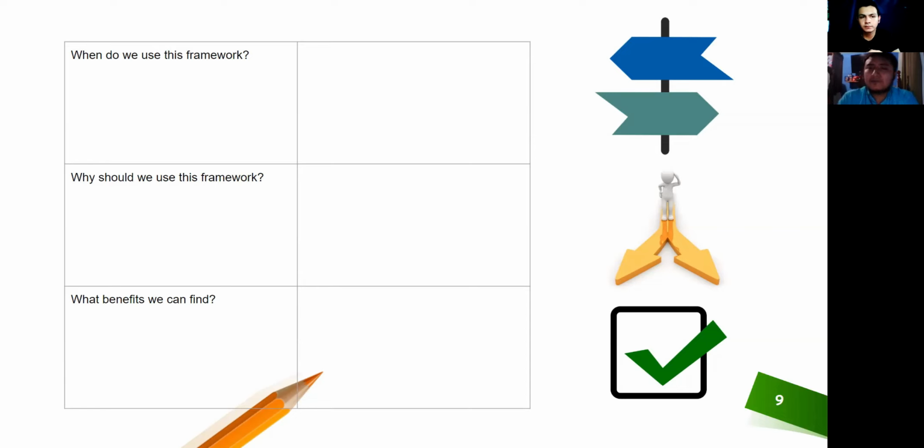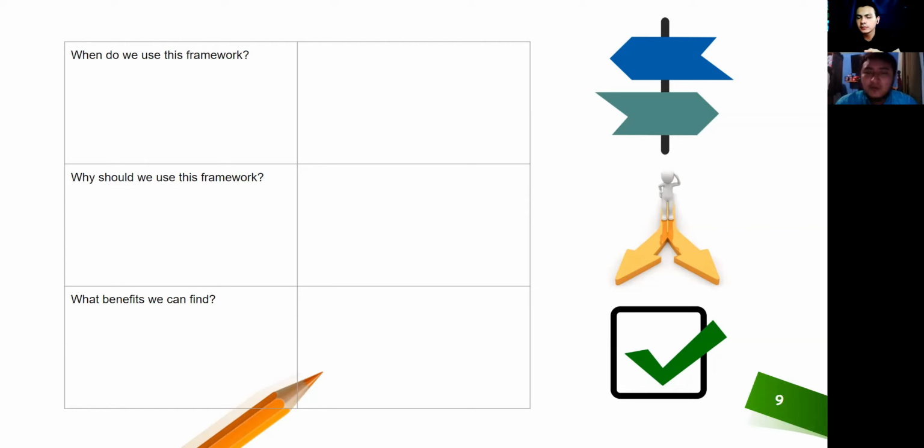So first, I will ask you the first question, Daniel, for you to tell me what you think about it. When do you think we use this framework? When do we use this framework? I think that we should use it when we want to learn something that we ignore, or to reinforce the knowledge of something. Yeah.